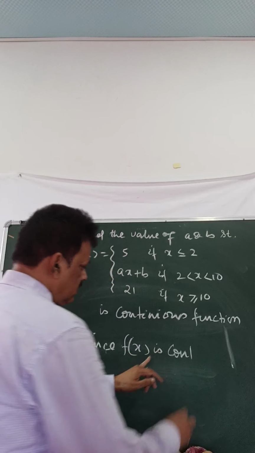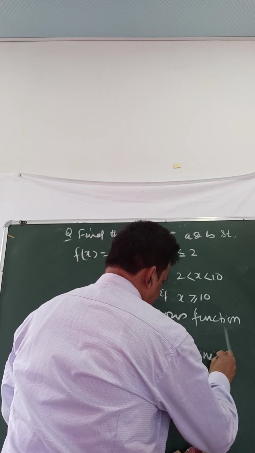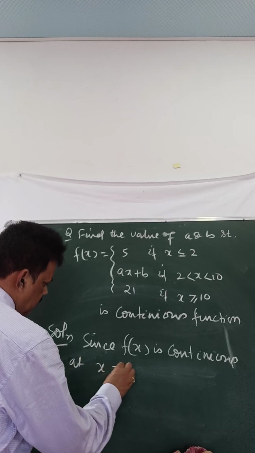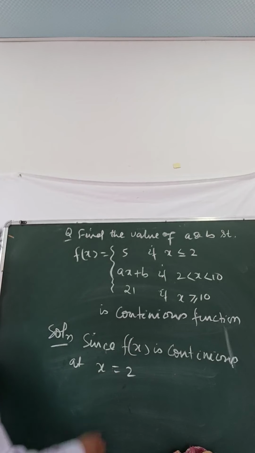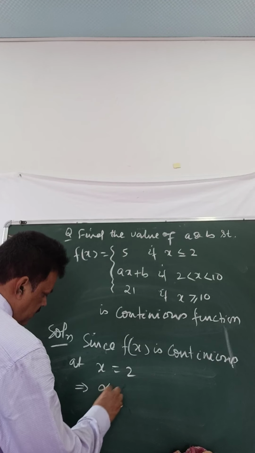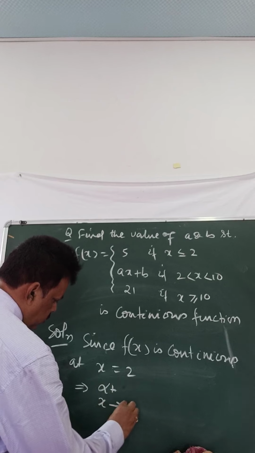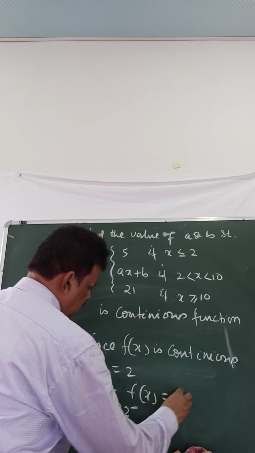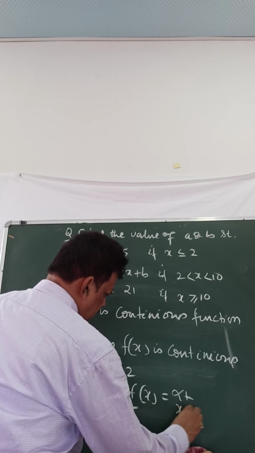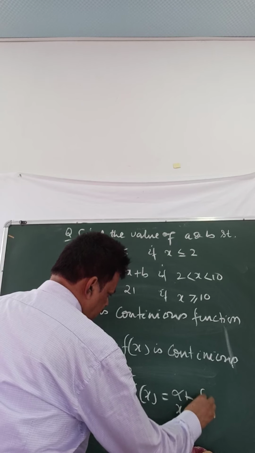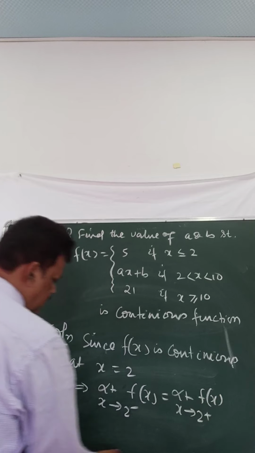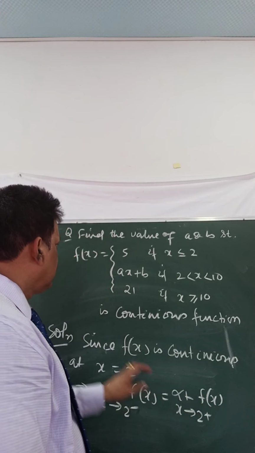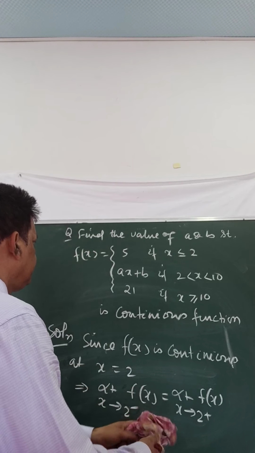Since f(x) is continuous at x equals 2, you write limit x tends to 2 minus f(x) will be equal to limit x tends to 2 plus f(x). Means your left hand limit, right hand limit will be the same.